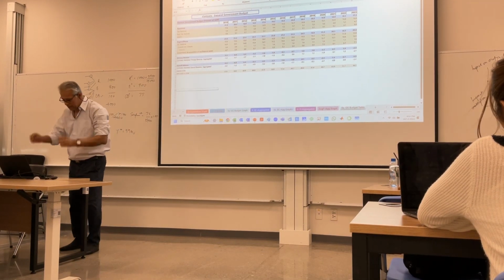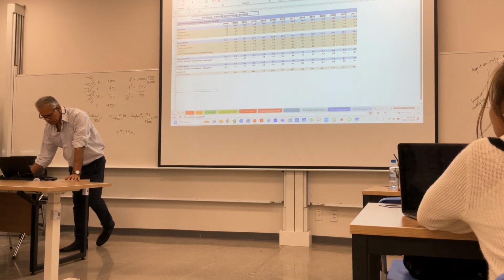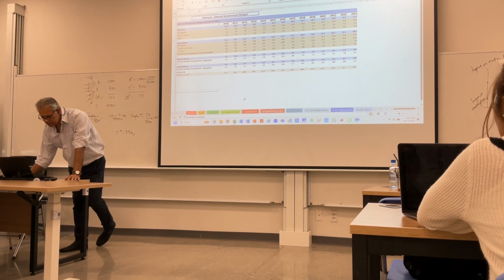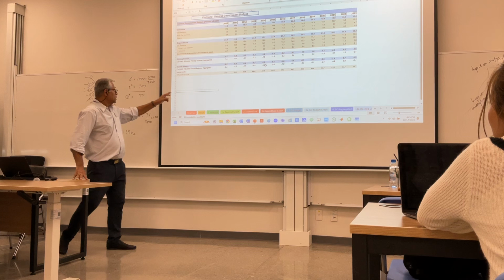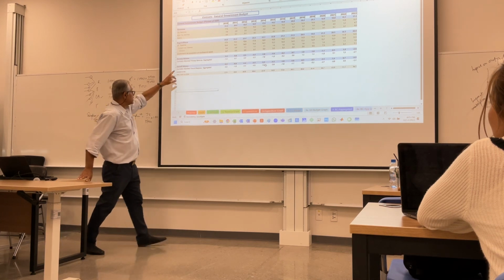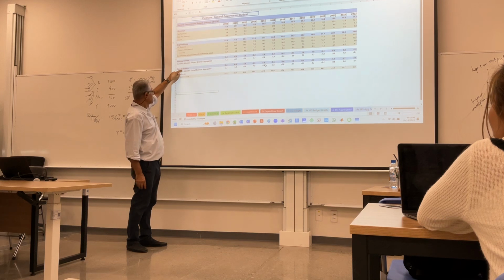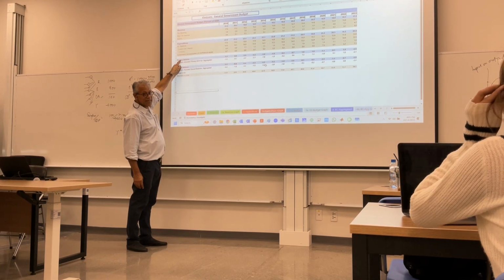Because for the primary balance, you need interest payments. Okay. So if you're looking at the budget, we calculated the primary balance and the overall balance. So if you don't have interest payments, you will not be able to calculate this line.